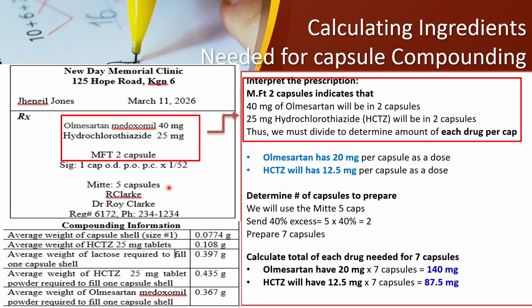If MITE or DTD is not there, you're going to have to focus on the signature to determine the number of capsules to prepare for. So we're sending 5, but we're preparing for 7 because we did 40% excess. And you will see the total amount of both ingredients there for the 7 capsules.